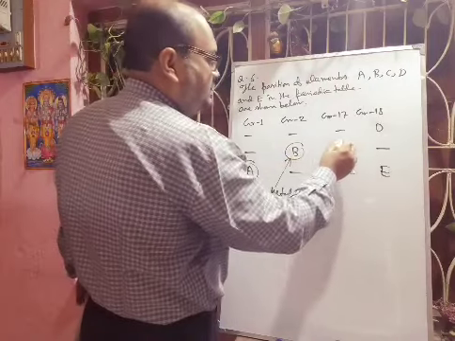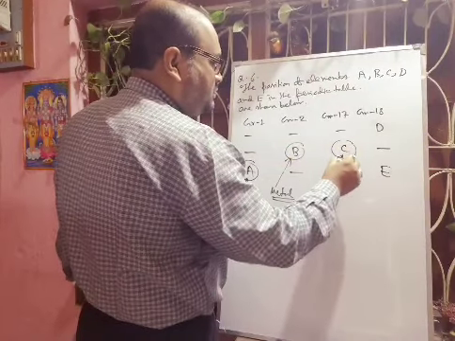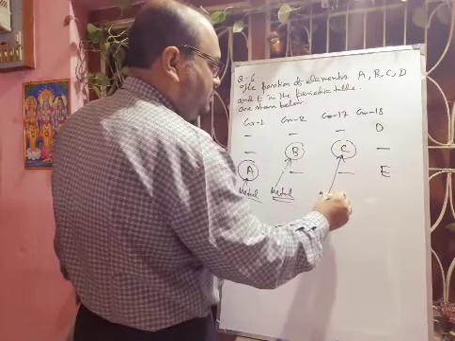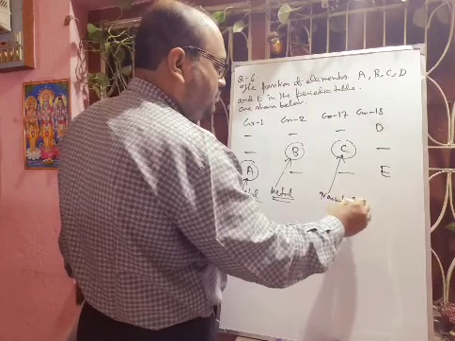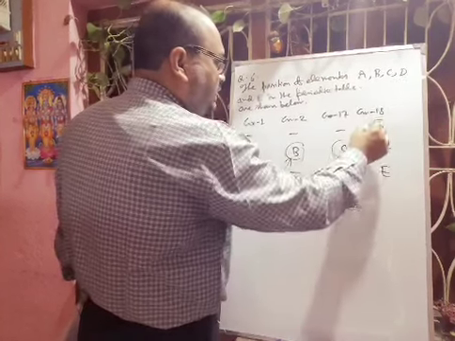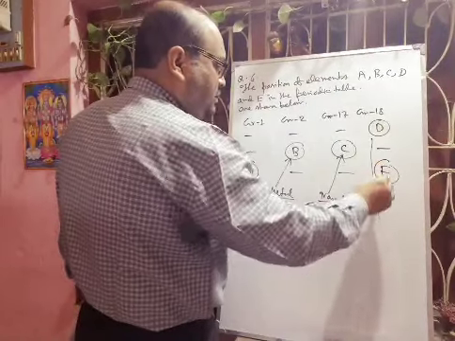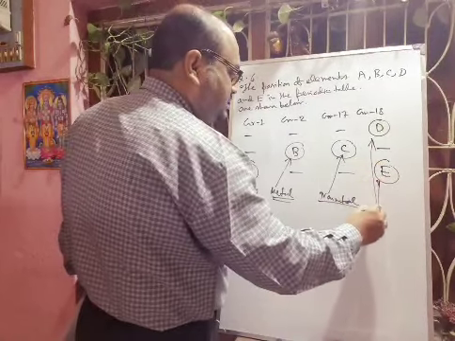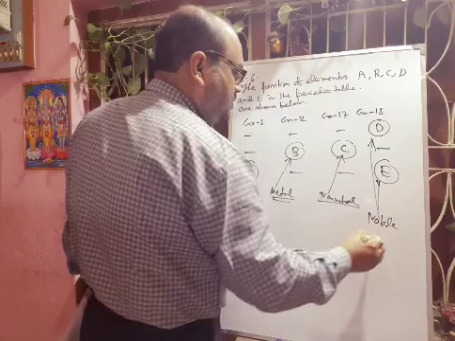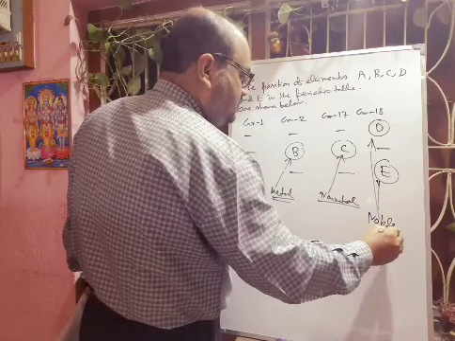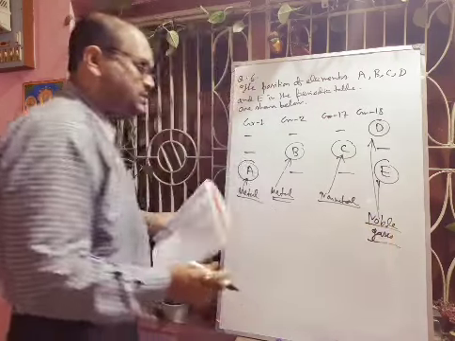So definitely this is the non-metal, group 17 halogen, non-metal. And definitely these D and E are present in group 18. These are the noble gases. Hope you can understand.